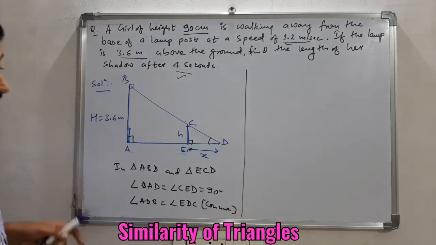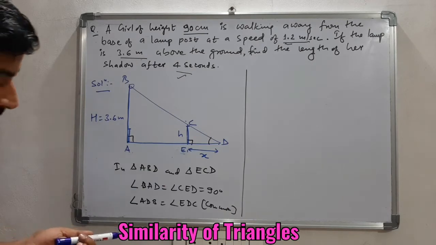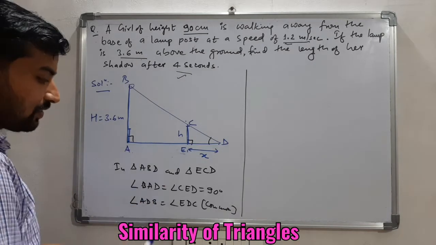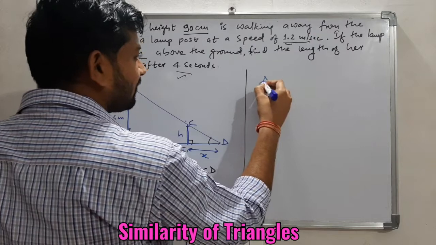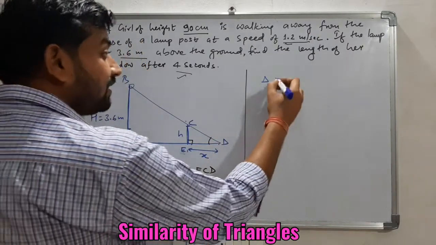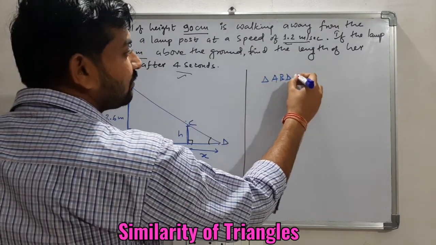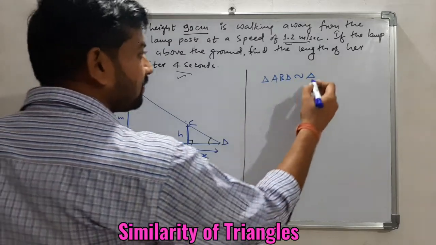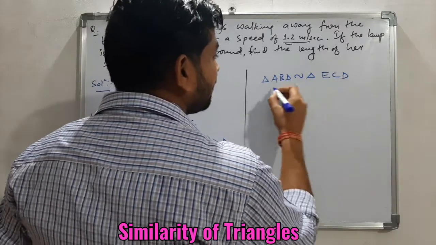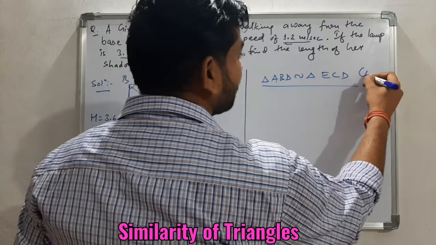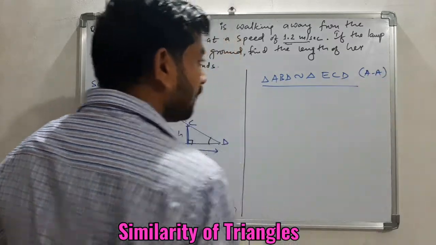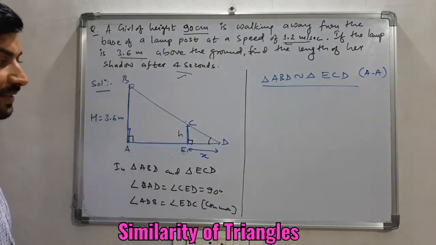Now as we discussed in the conditions for similarity, here we have two angles which are equal. So we can write triangle ABD is similar to triangle ECD. Now if the triangles are similar, then the ratio of their corresponding sides will be equal.